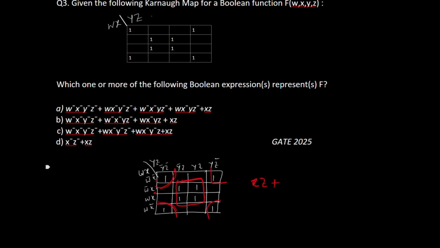From here and here we get x bar, and from here we get z bar. So it is a simple question. So option D is matching. Here x bar z bar plus x, but it is an MSQ question.